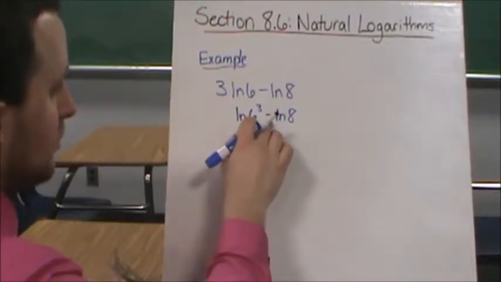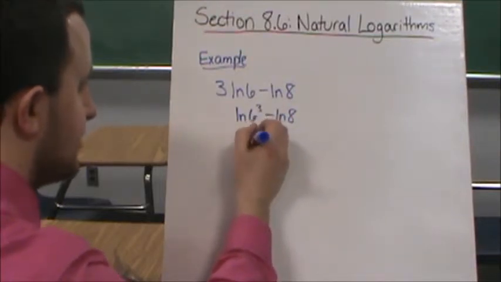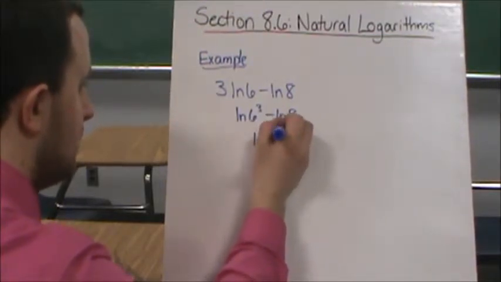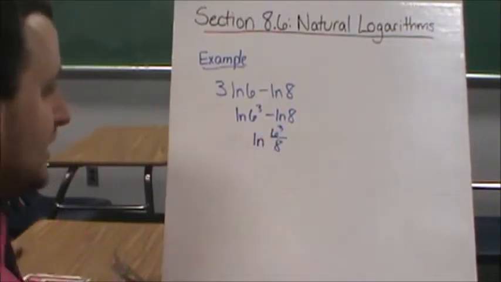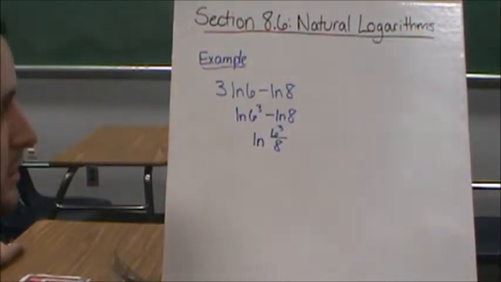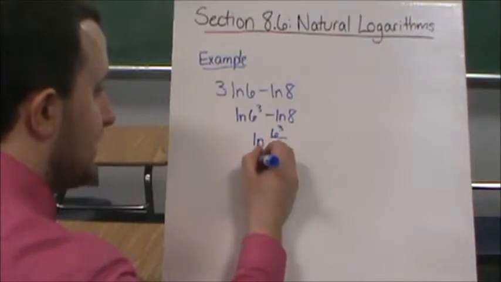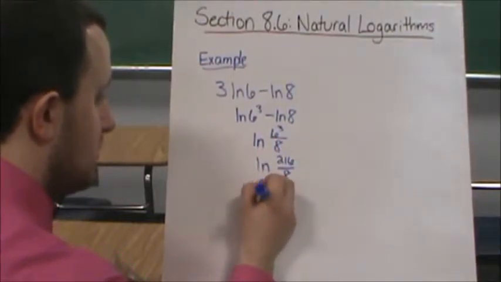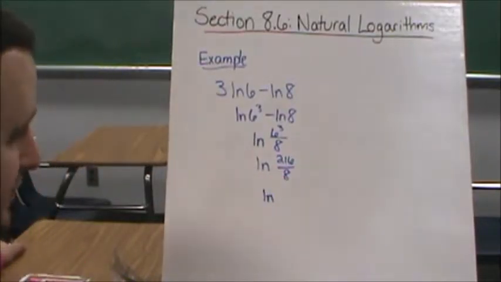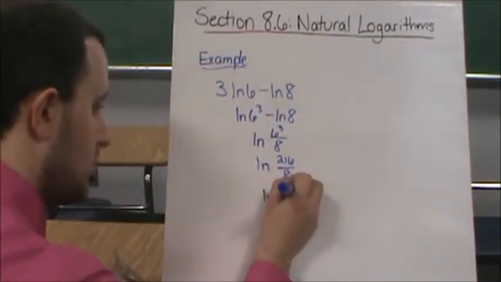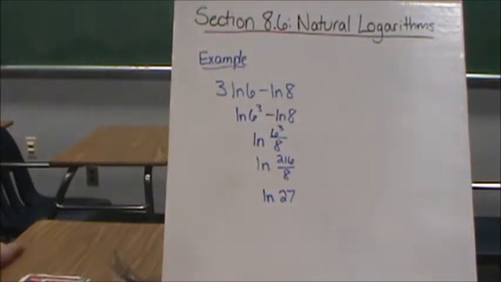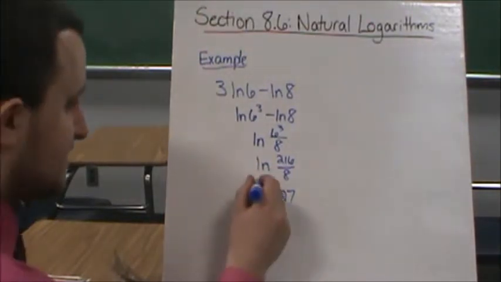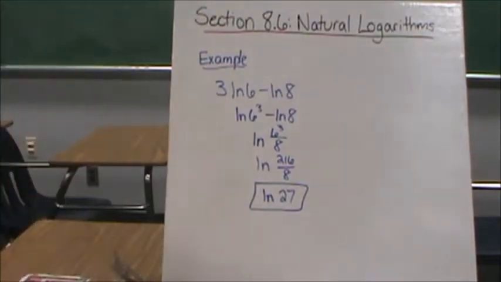Then apply the quotient property, since there's a subtraction, to get ln of 6 cubed over 8. That's ln of 216 over 8, and 216 over 8 is simply 27. So ln of 27 is what you would get at the end of the day when you make that into one logarithmic expression.